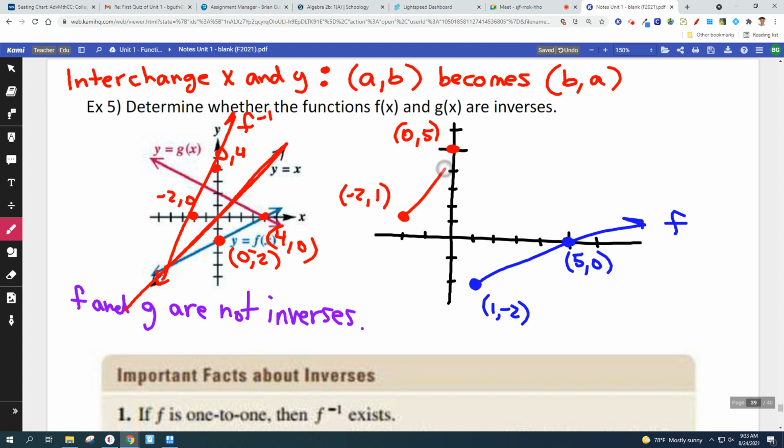The graph of this would look something like this. That's f inverse. But what you can see is they're symmetrical to this line right here. Y equals x should run right through the middle of that graph if those two functions are truly inverses. And this example did not do that.